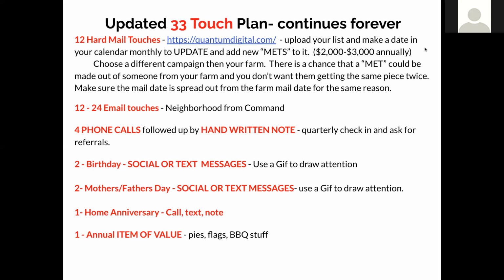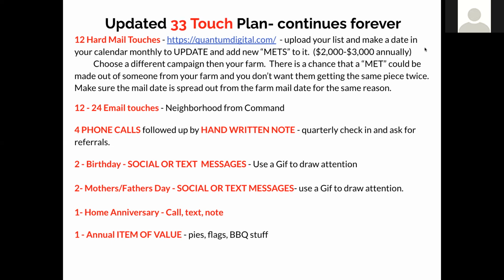So as you look at this program, you see 12 mail touches, 12 to 24 email touches, 4 phone calls followed up by a note, right? The rest are all kind of text messages, dropping an item off at their house. This is your annual plan moving forward that is going to help you take all these customers and clients that are already used to hearing from you because of your 8x8 program.